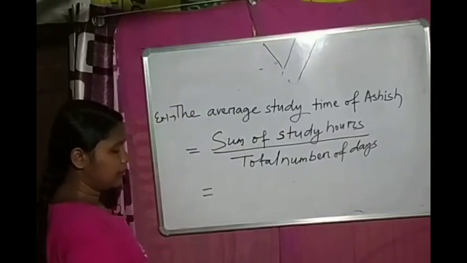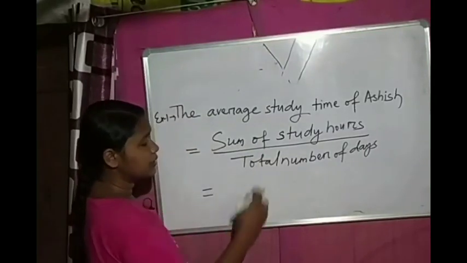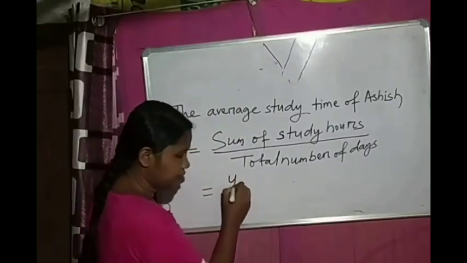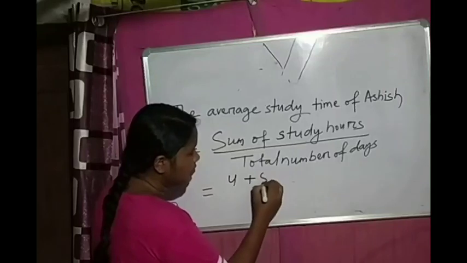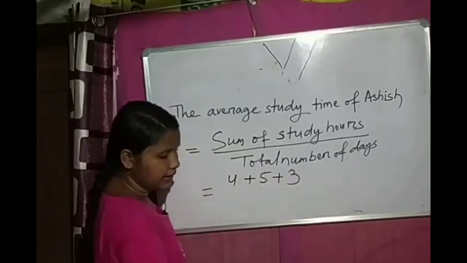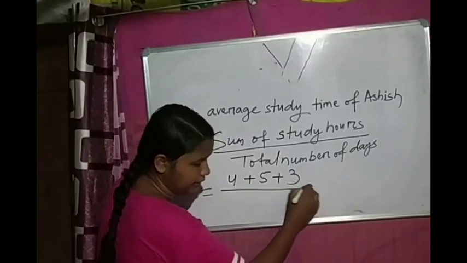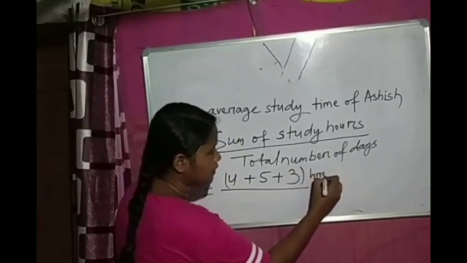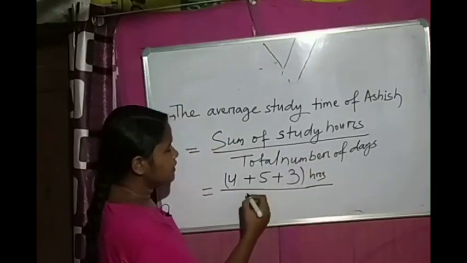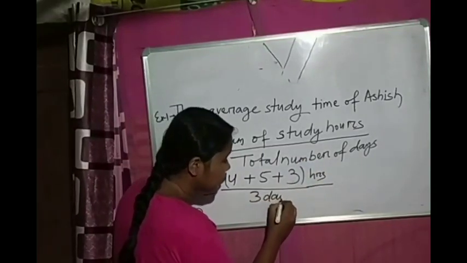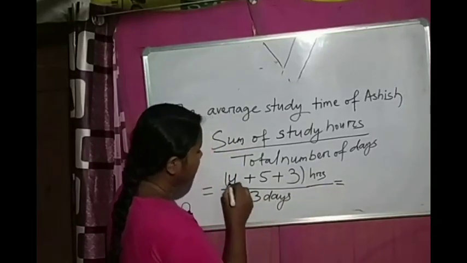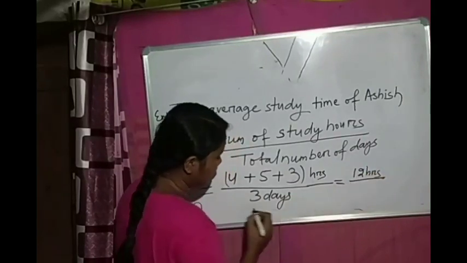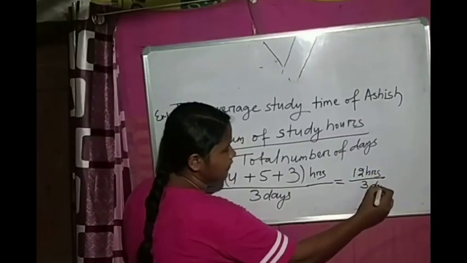The study hours given are 4 hours, 5 hours, 3 hours. So 4 hours plus 5 hours plus 3 hours by the total number of days, which is 3 days. 4 plus 5 is 9, plus 3 is 12 hours by 3 days.